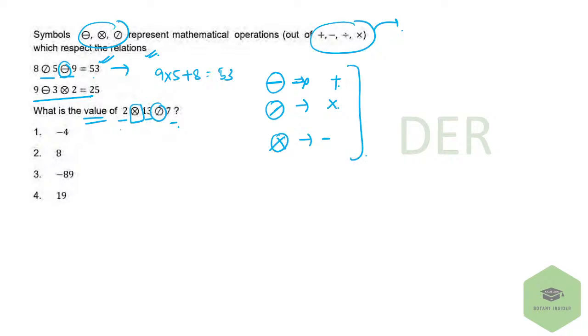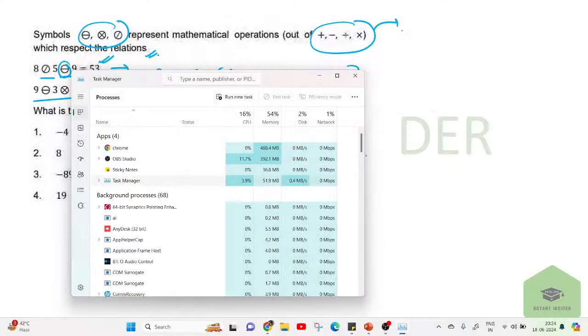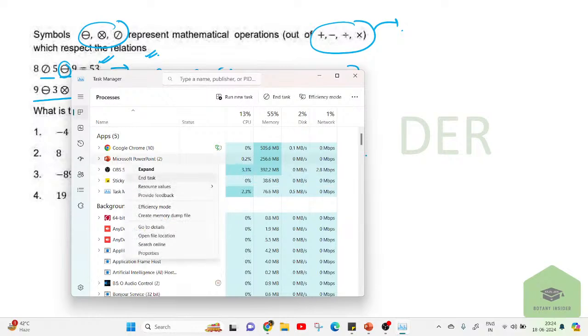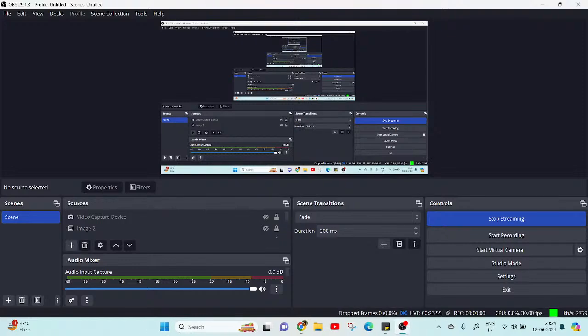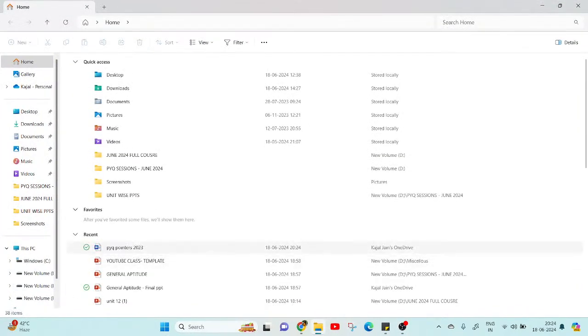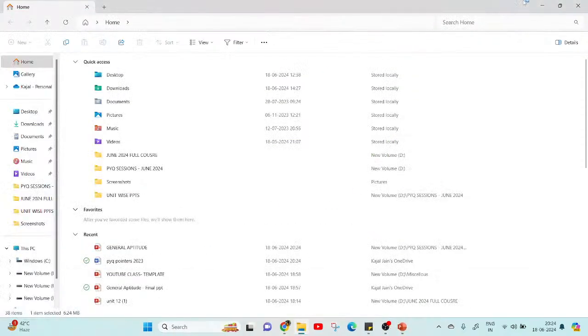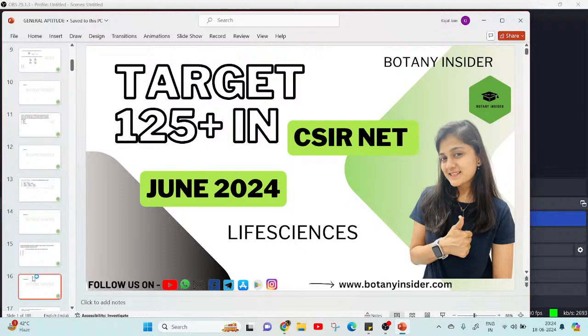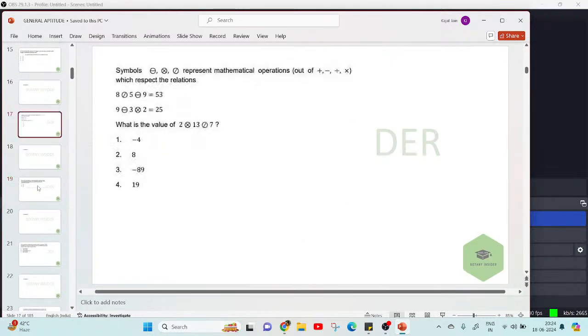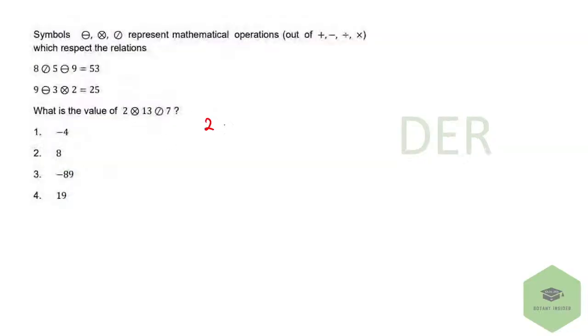So these three values are here. So what's the value of this? So 2 minus 13 plus 7 is how much?